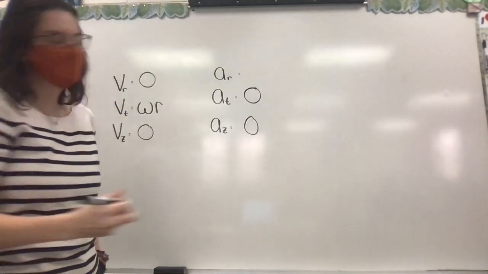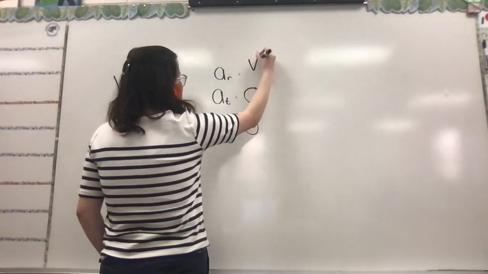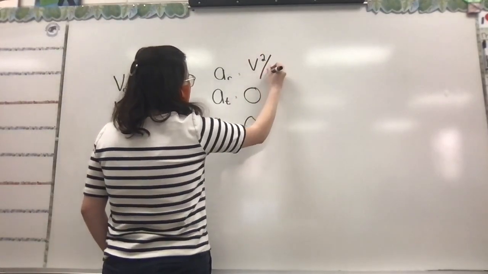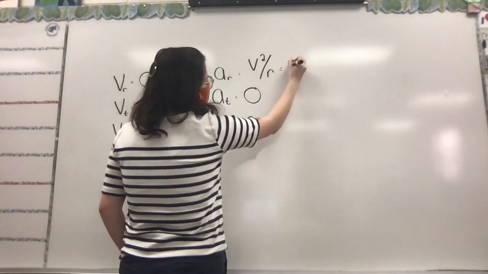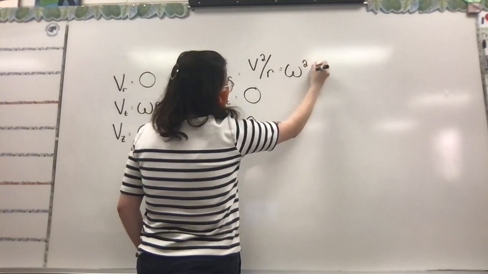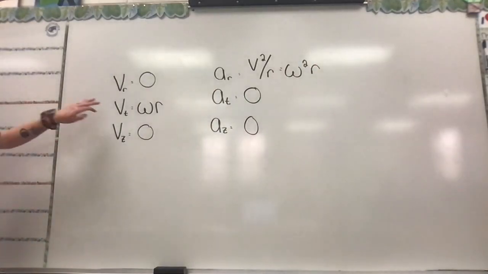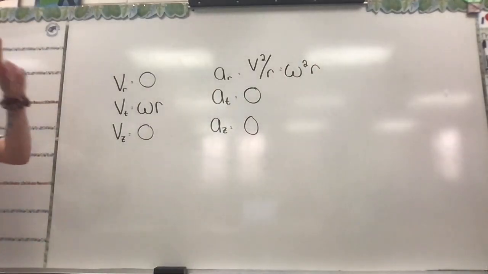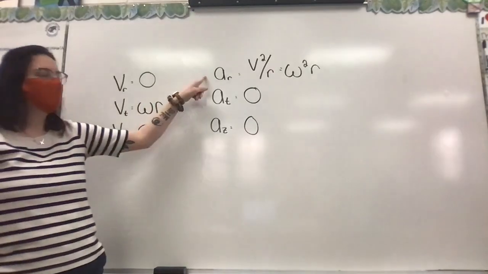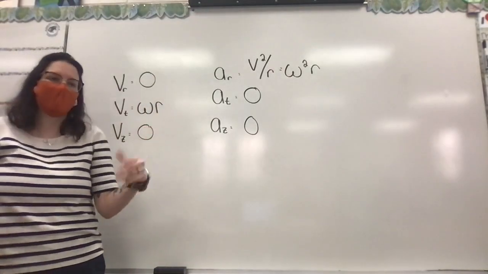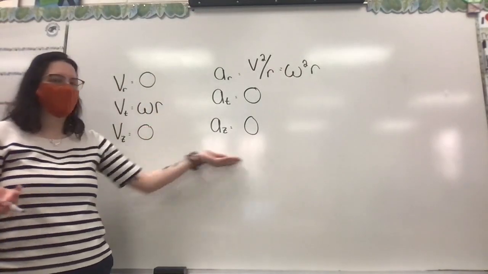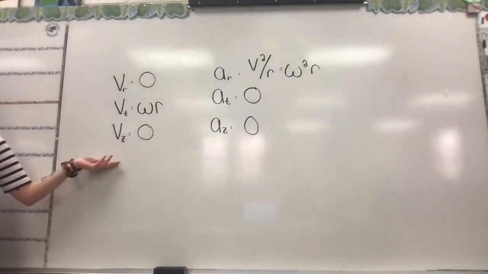And that, like we looked at earlier too, is going to be either v squared over r, which is also the same as saying omega squared times r. So our velocity only exists in one plane, and our acceleration only exists in one plane, and they're different planes. So do you see how this is probably going to end up making our math a lot easier than it would be otherwise? Yeah? Awesome.